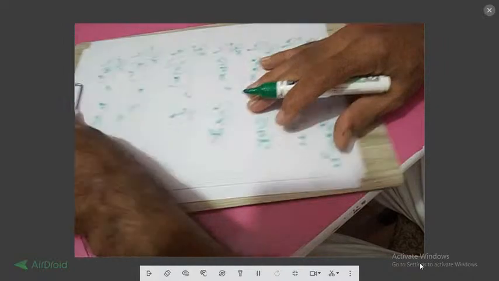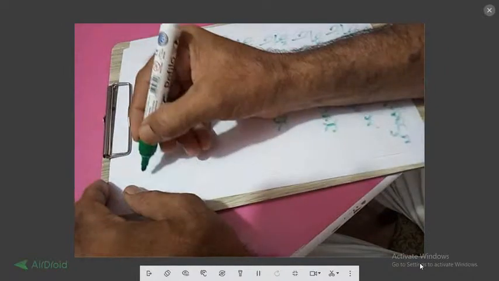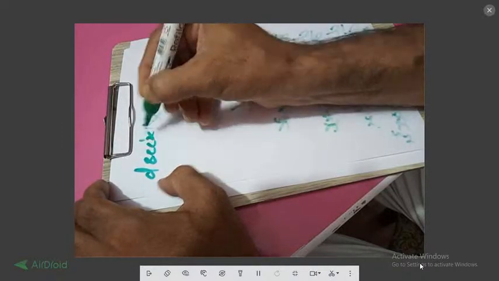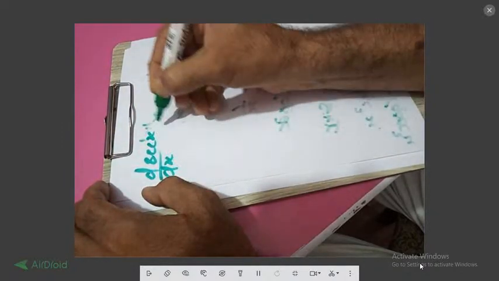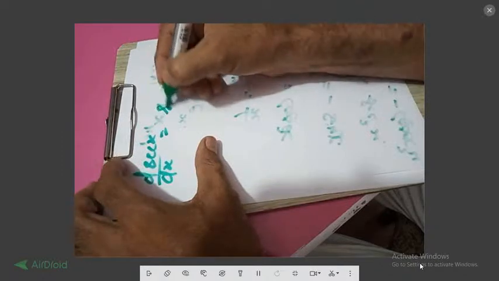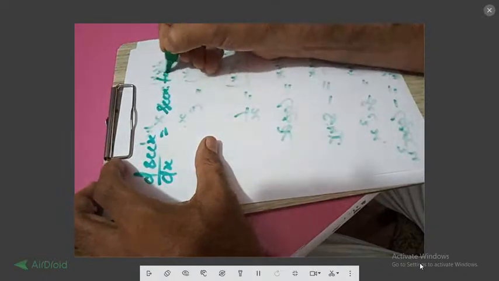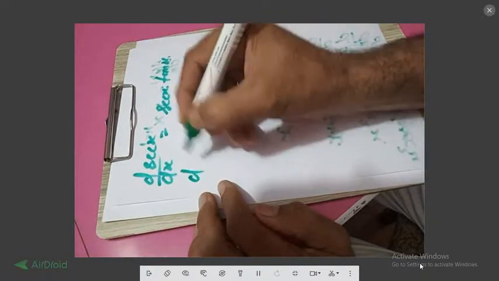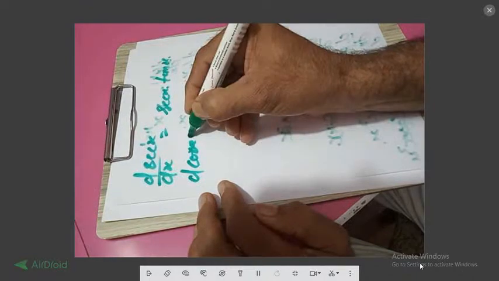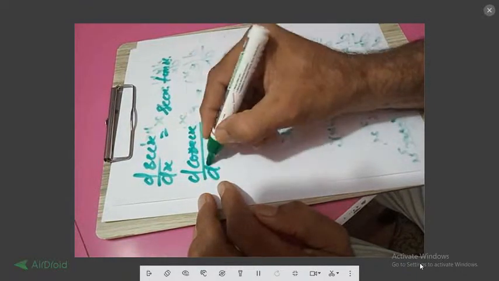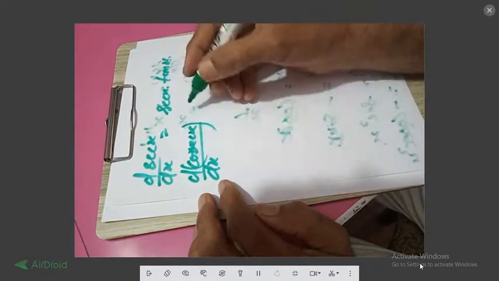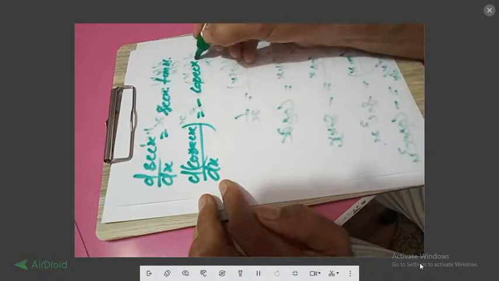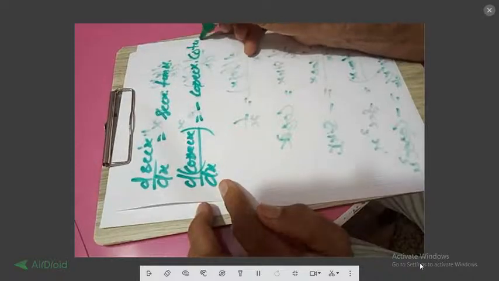Next, differentiation of secant x is equal to secant x into tangent x, and so on. Differentiation of cosecant x with respect to x is equal to minus cosecant x into cot x.